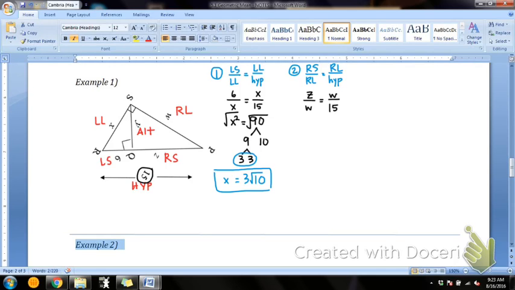And if the hypotenuse is 15 and I've already used up 6, how much is left for z? 9. Even just by looking at my diagram, I know that z is 9. They asked me to find all of the variables, so I'll put that down here. Z is 9. Now I can substitute it into my equation, so I have 9 over w equals w over 15.